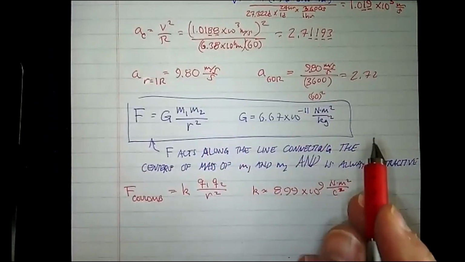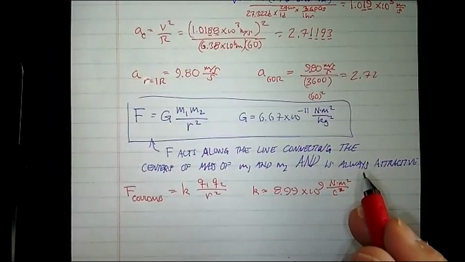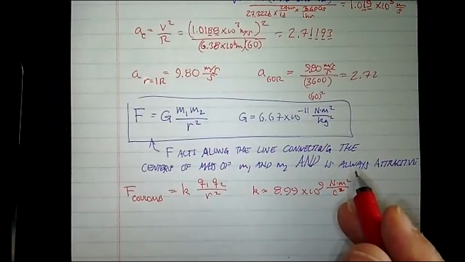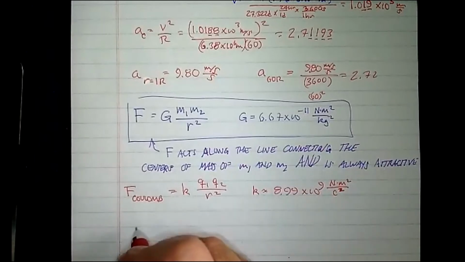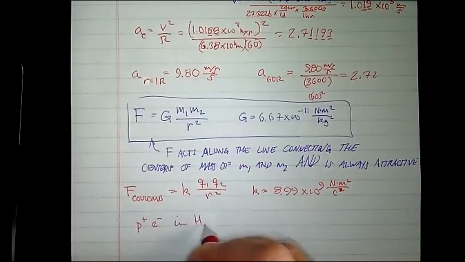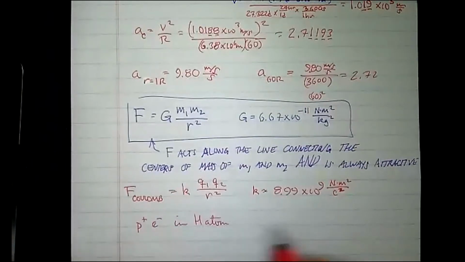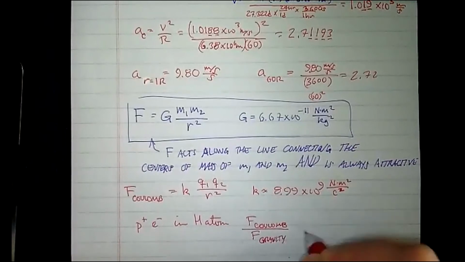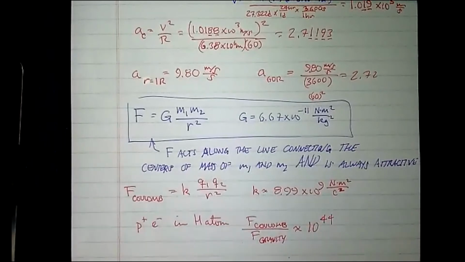It turns out, though, when you actually compare things, like the gravitational attraction between the proton and the electron in the hydrogen atom, F Coulomb over F gravity is on the order of, I seem to recall, 10 to the 44th.